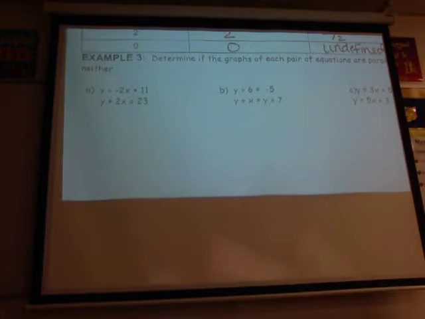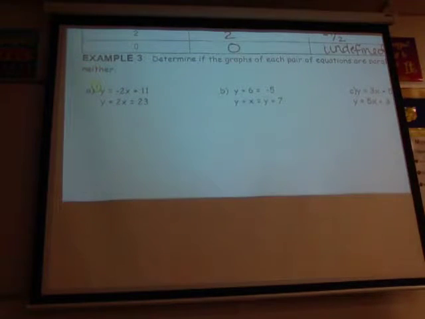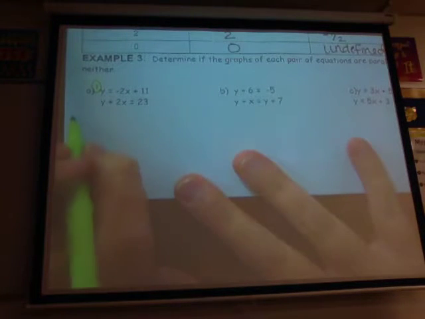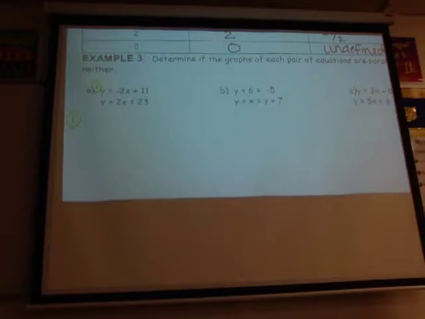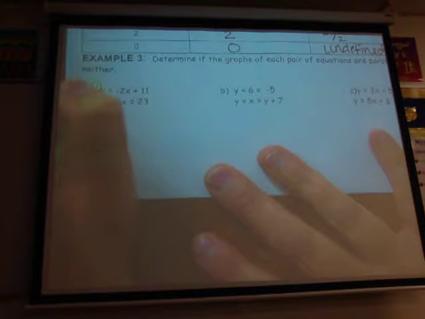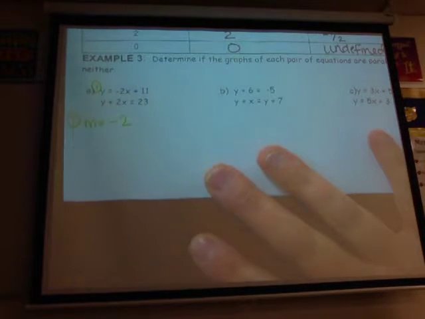So on this number 1 right here, y equals -2x plus 11. Does that solve for y? Is y by itself? Yes. Okay, so my slope is which one? -2. It's my m value. My m represents slope, and it's just the number.